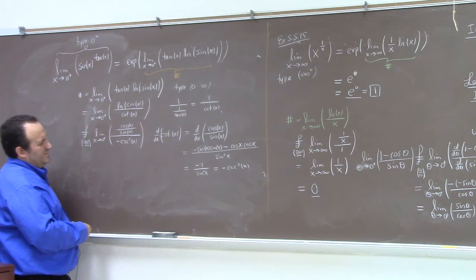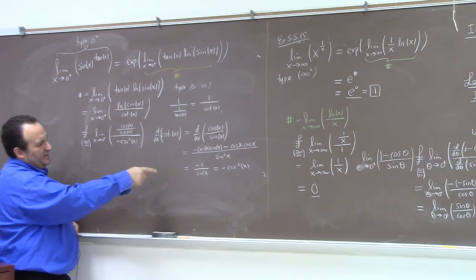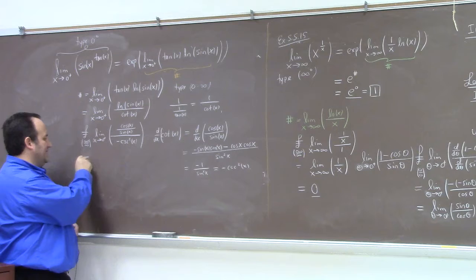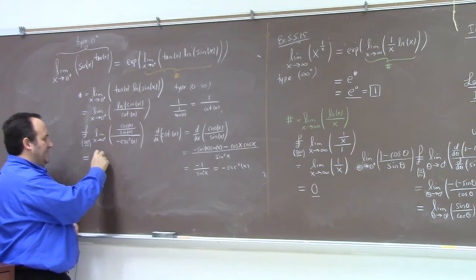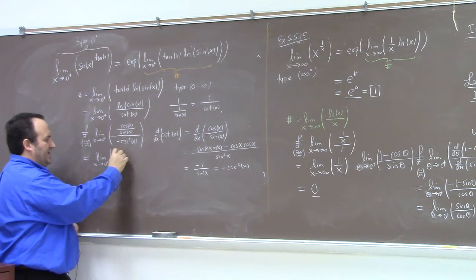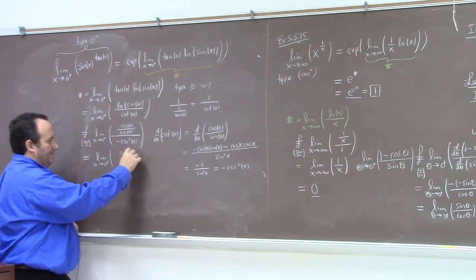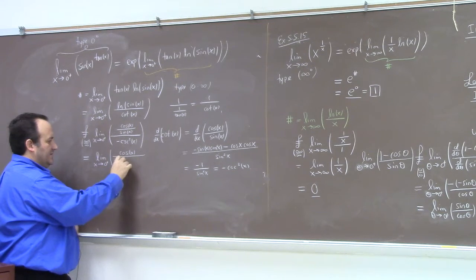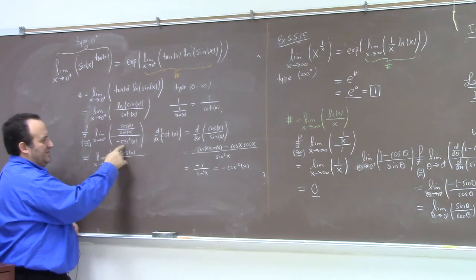Even though I rewrote minus 1 over sine squared as cosecant squared, it's probably in our best interest to just go back to sines and cosines here, because then we can sort through what's going on. So we've got cosine of x divided by sine of x, and then what's this cosecant squared?